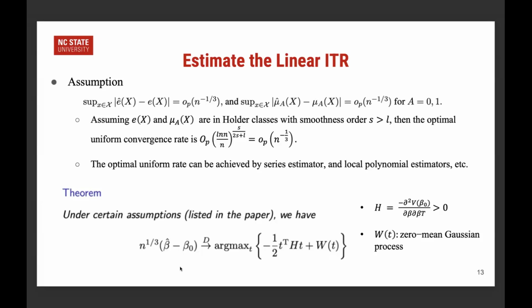Beta hat converges to the distribution that maximizes a non-zero Gaussian process W(t) plus a quadratic form here. The H matrix is the negative second derivative of the value function at beta equals beta 0, and we assume H is positive definite. This positive definiteness is one of our assumptions.